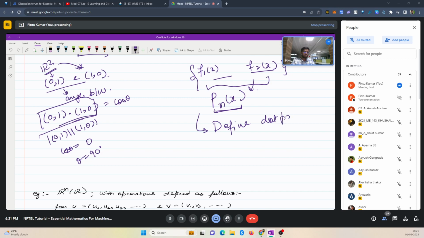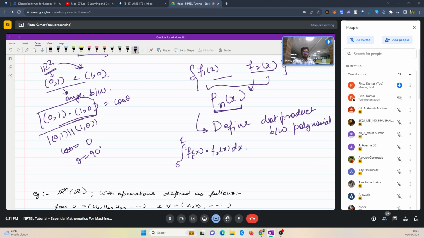dot product between polynomials. I'll give you an example of a dot product. One example is the integration from 0 to 1 of f1(x) times f2(x) dx.